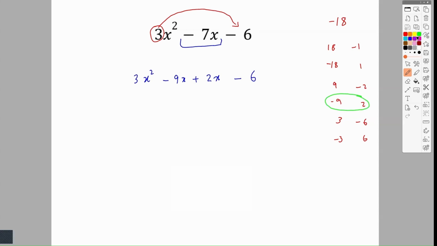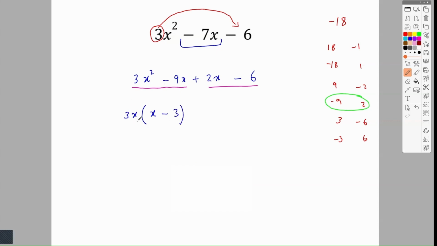So the next step, let's try to group these numbers, factorizing this group and this one. We have 3x squared minus 9x. We have a common factor, 3x, and open a parenthesis. So 3x, we have x minus 3.